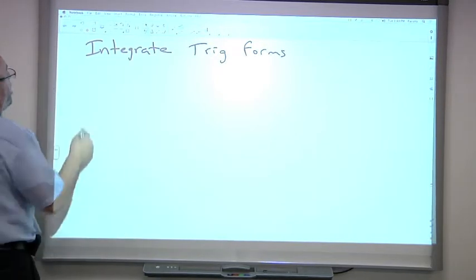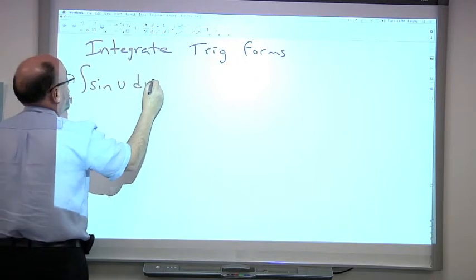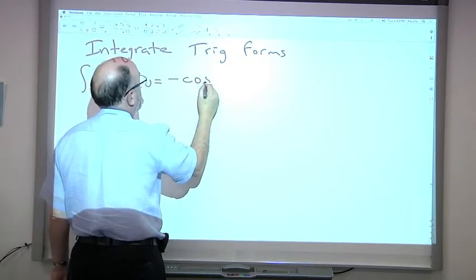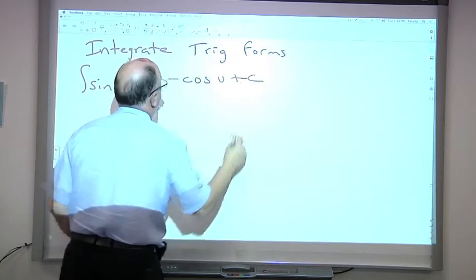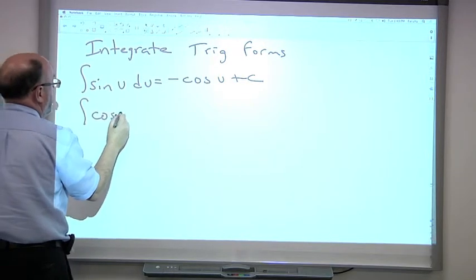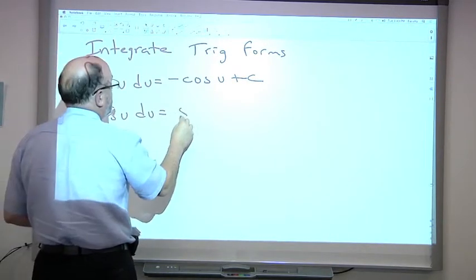So if I integrate sine, you're going to get negative cosine. If you integrate cosine, you get sine.